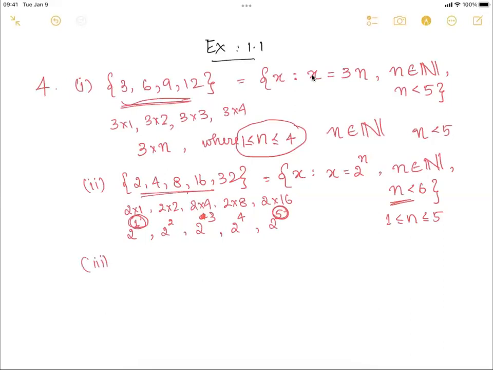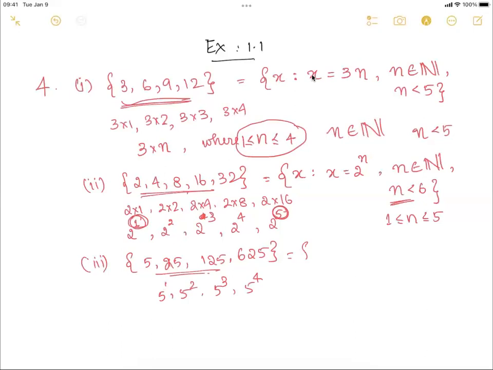Moving on to number 3. 5, 25, 125, and 625. This has the exact same idea as number 2, except that here these elements can be written in terms of powers of 5. 5 to the power 1, 2, 3, and 4.